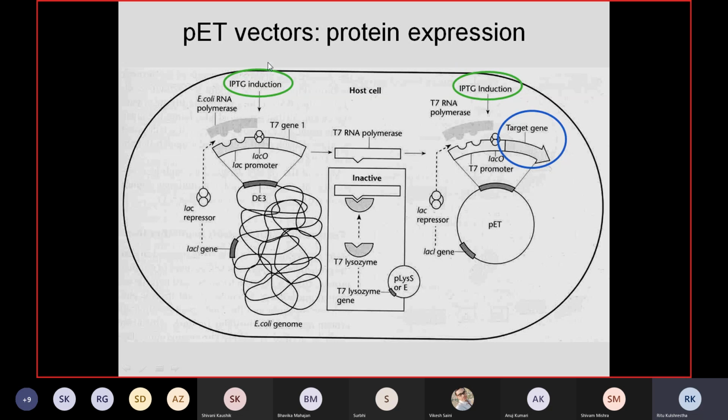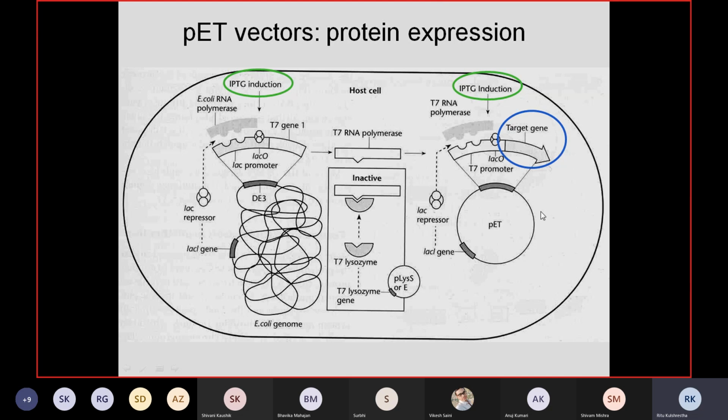So apart from the IPTG induction of this gene, even this gene becomes IPTG induced. So it means there is double regulation: without IPTG it will be clean, there will be no basal expression, but in presence of IPTG there will be very high expression.